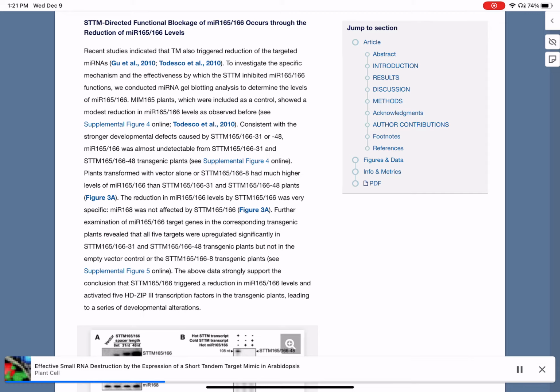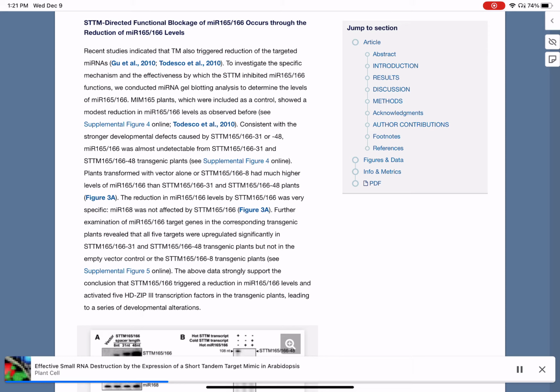To investigate the specific mechanism and the effectiveness by which the STTM inhibited miR-165-166 functions, we conducted RNA gel blotting analysis to determine the levels of miR-165-166. MIM-165 plants, which were included as a control, showed a modest reduction in miR-165-166 levels as observed before. See supplemental figure 4 online.